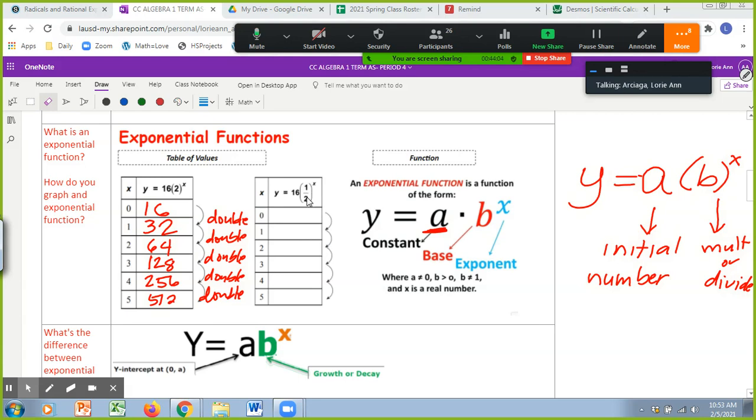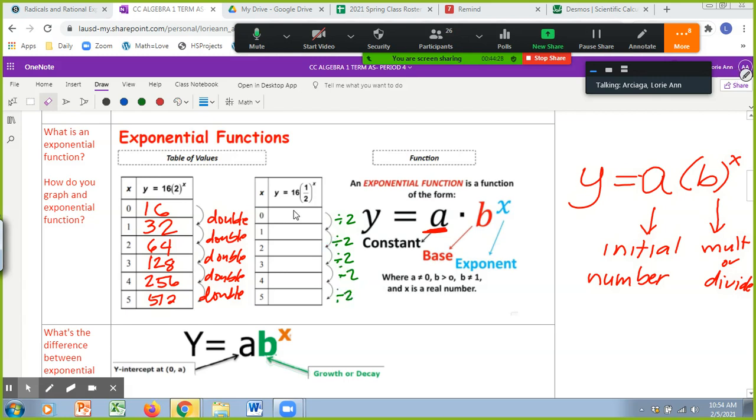Okay. Next one. Oh, look at this. Your base now is 1/2. So that means you're not multiplying by 2. You're now going to divide by 2. So you divide by 2 each time to get the next number.